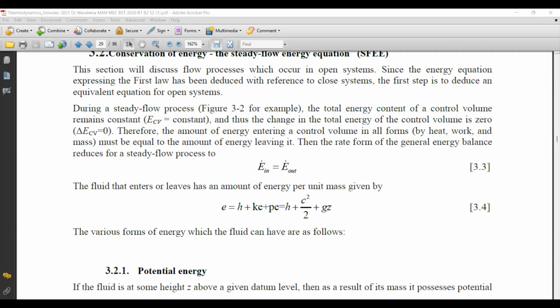So H, K is C squared by 2 plus P is GZ. And remember, this is for 1 kg.